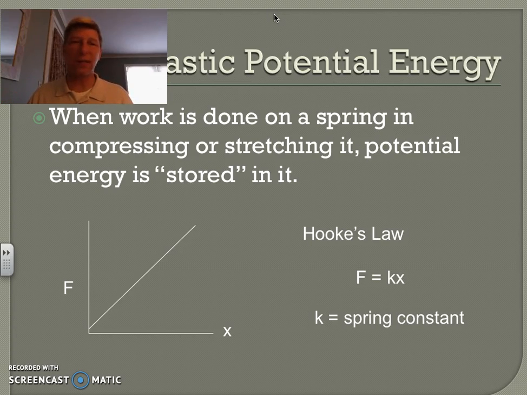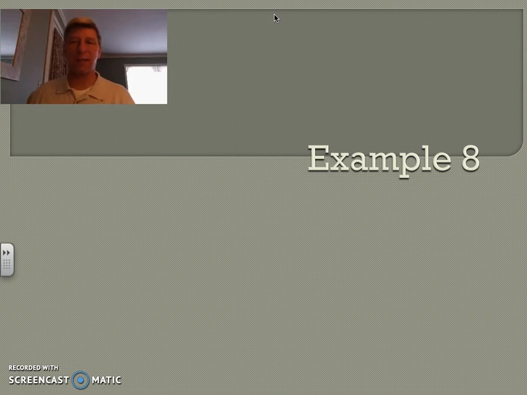The spring constant is dependent upon what the spring is made of, how tightly wrapped the coils are, how thick the wire is that makes the spring up. And so a whole host of factors go into determining the spring constant for a particular spring. No two springs have exactly the same spring constant, although of course you can have two that are fairly similar. So F equals kx, the spring constant.